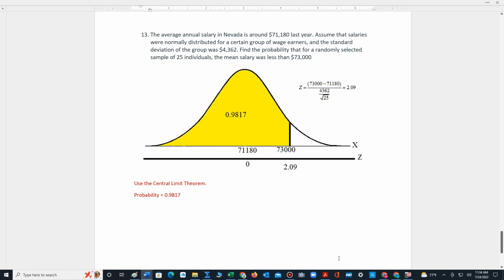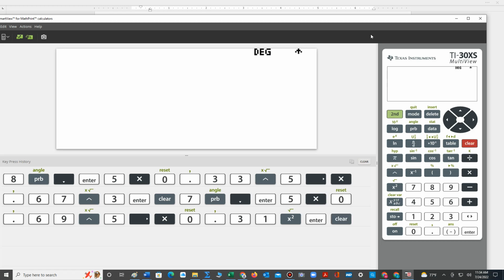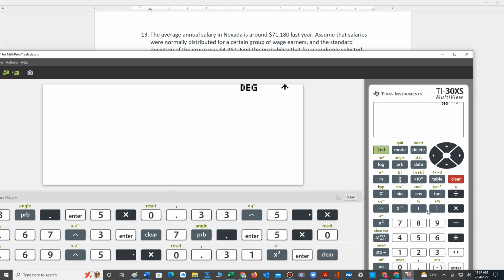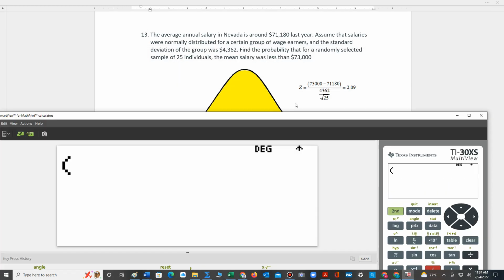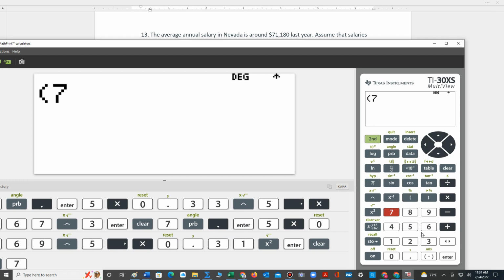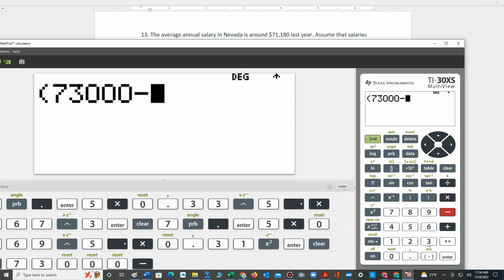Let's go ahead and calculate our z-score value here using a calculator. So I like to use parentheses. We have 73,000 minus 71,180.